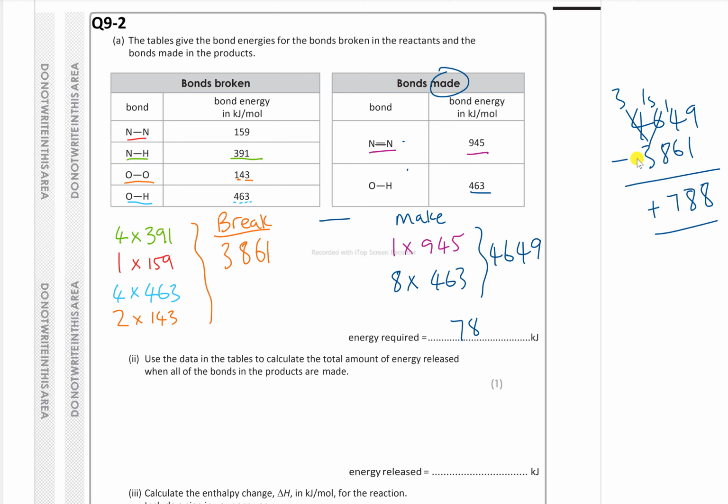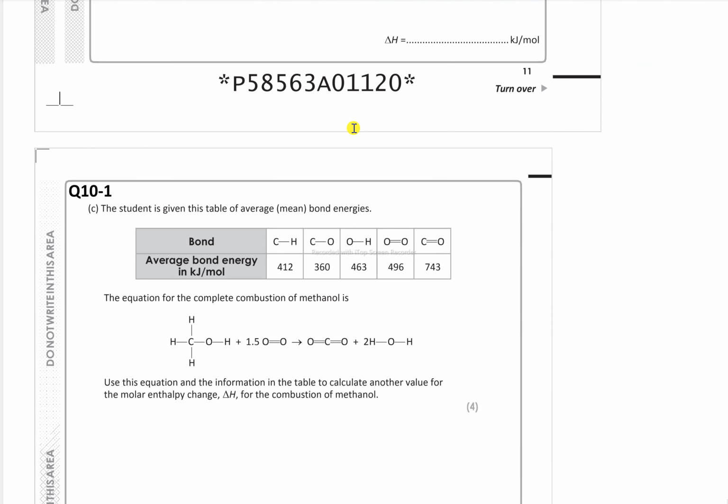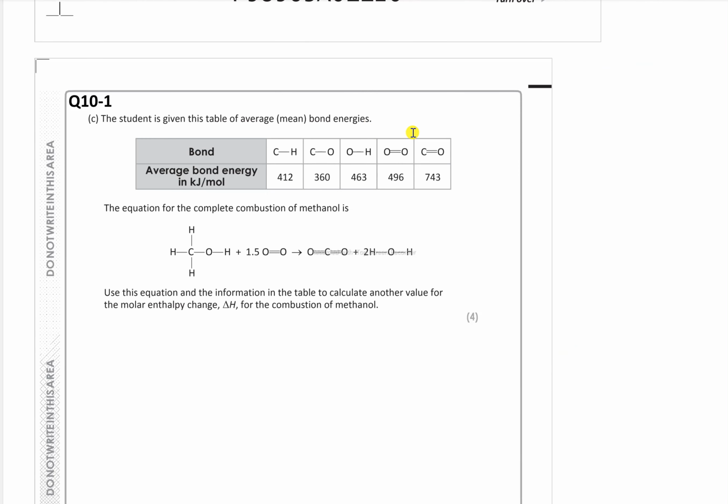We've got 788 positive. So what type of reaction are we expecting that to be? We're expecting that to be endothermic. Let me have a check. Yep, that's it. Right, okay, good.